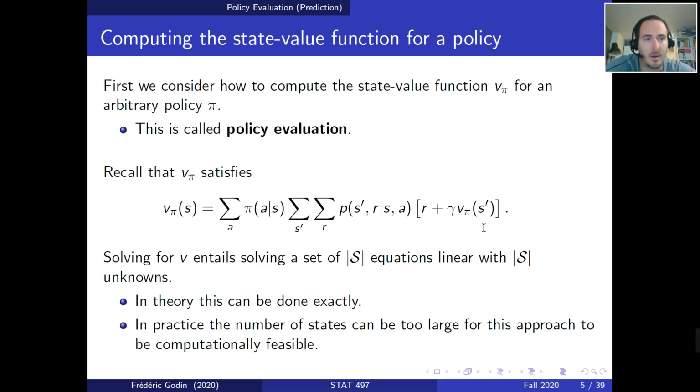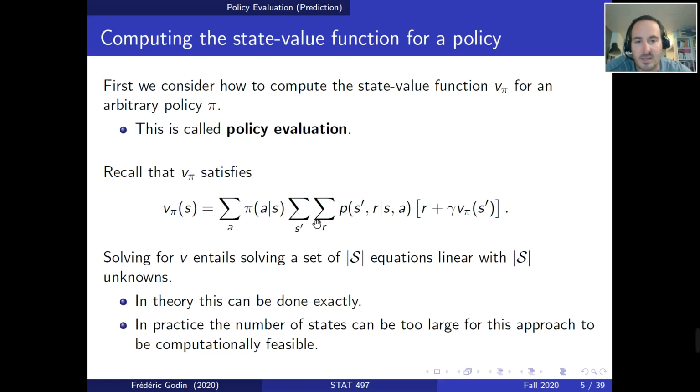So do we know how to solve these equations in practice? Well, if we fix pi, this term is known, and in this chapter we're going to assume that we do know the function p here, which is the transition probability function.